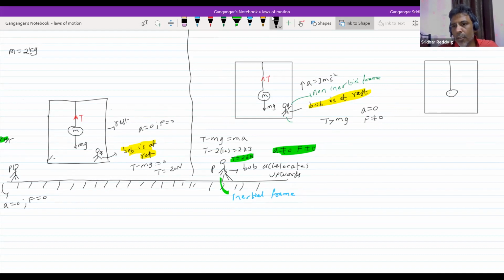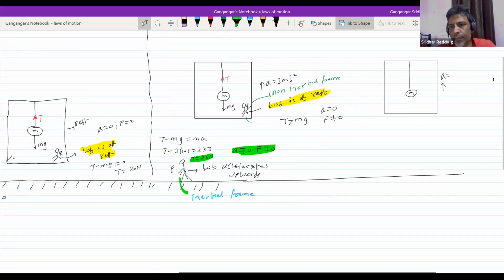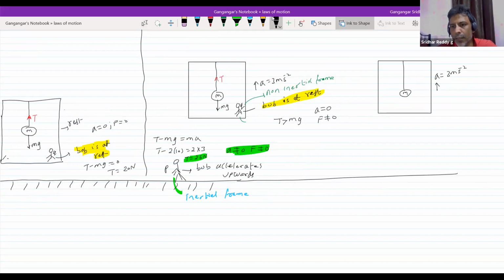So it's better, whenever you get a problem, with respect to person Q only, let me show this diagram. So here, what are the forces? The tension, weight mg. Then one more force, called a pseudo force, is what I'm going to introduce.